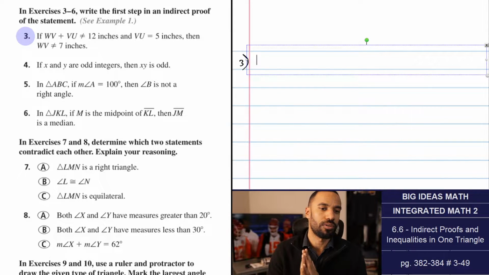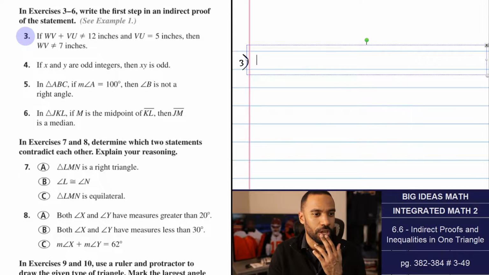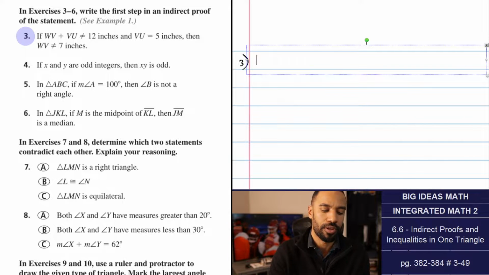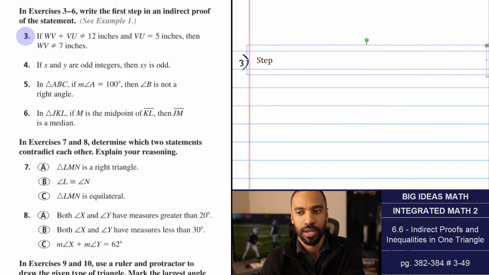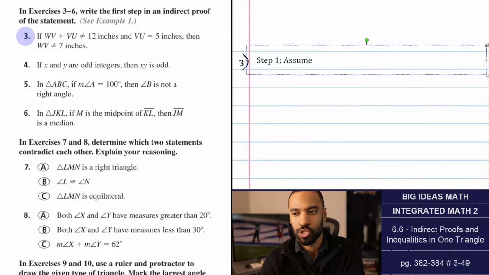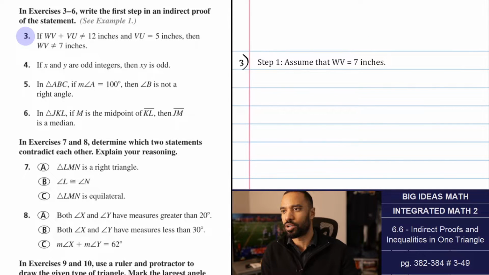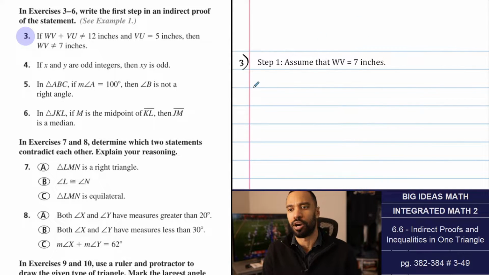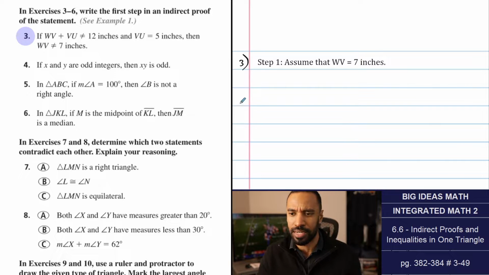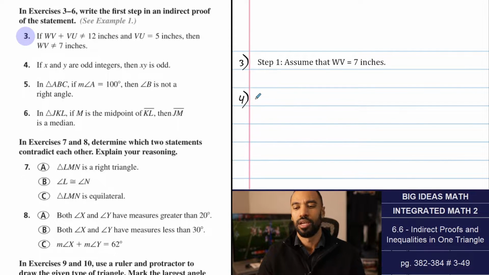Wait, hold on. I actually got to go back already. I think we go to the last part. So step 1 is going to be, in this case, assume that WV equals 7 inches. So you're just changing the conclusion part around. I think I'm understanding what I need to do more for the contradiction part.